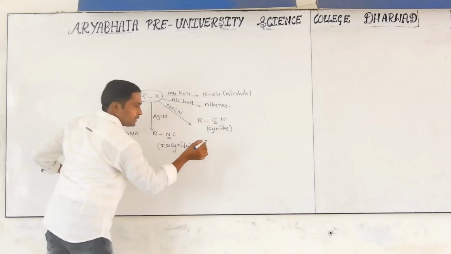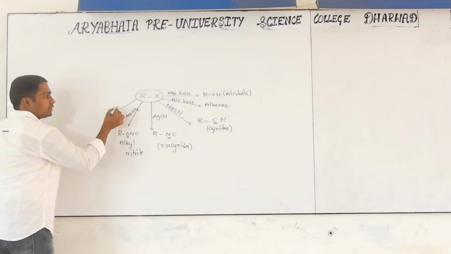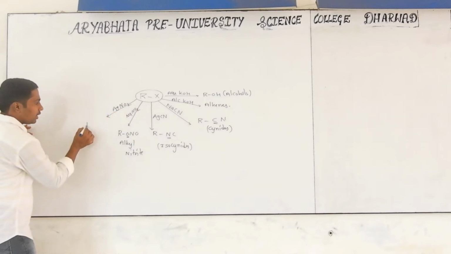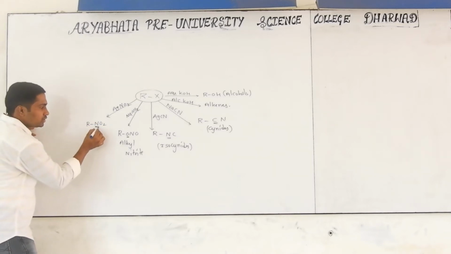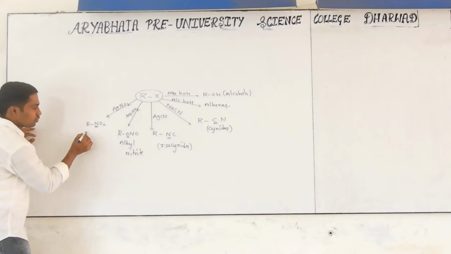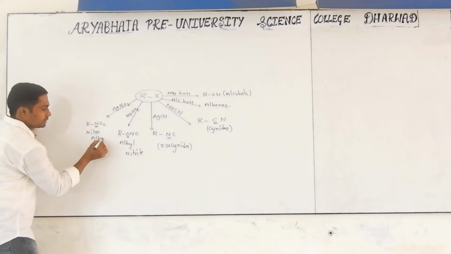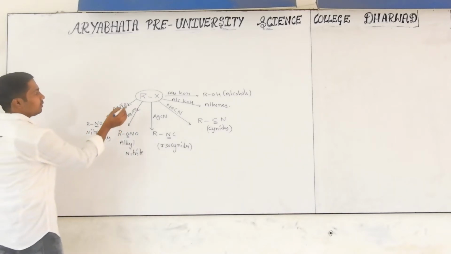Are you clear? Yes. The same alkyl halide reacted with silver nitrite: we are getting NO2, and from NO2 the connection is through nitrogen, so we call them nitroalkanes. Is it clear? Yes, almost all chemical properties will be coming.